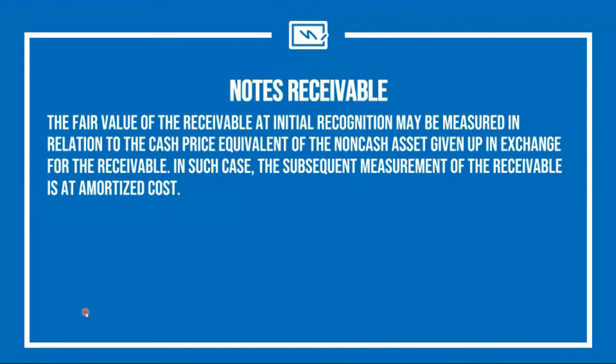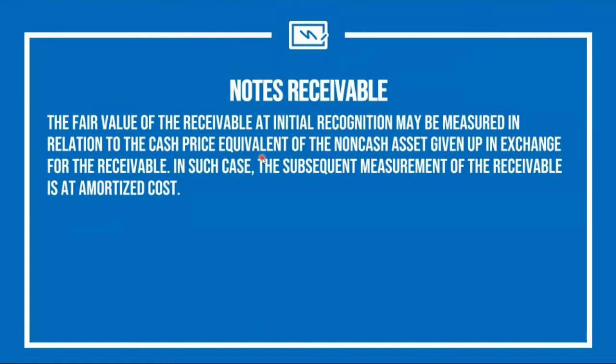So, please take note that the fair value of the receivable at initial recognition may be measured in relation to the cash price equivalent. Okay? Ano yung concept ng cash price equivalent? Iba kasi yung usapan kapag kokolektahin mo siya outright cash at kokolektahin mo siya in terms of receivable muna tapos subsequent collection later on.